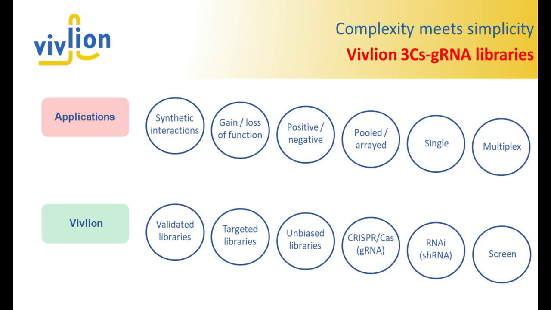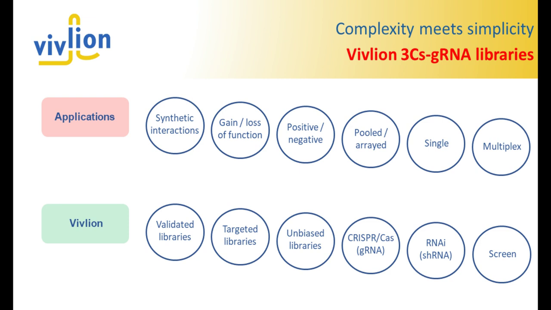So what can Vivlion do? Of course, we provide validated libraries, as I mentioned before, and targeted libraries for a specific set of genes that you're interested in. They are unbiased, and we provide them in CRISPR-Cas formats as gRNAs or in RNAi for shRNA. And we would also offer a screen, so in case you don't have the ability to do this, then please approach us and we would be able to discuss this with you.